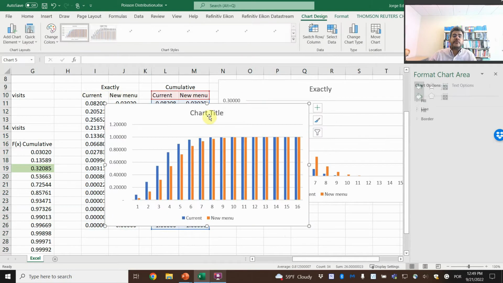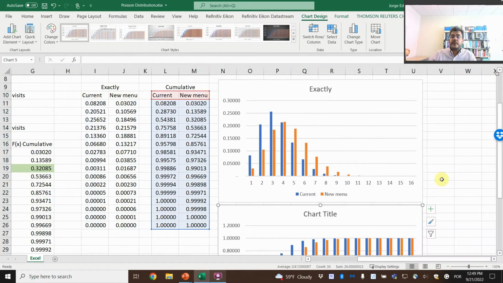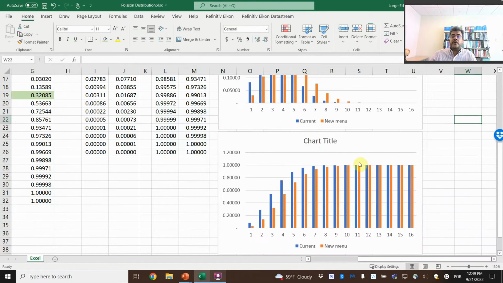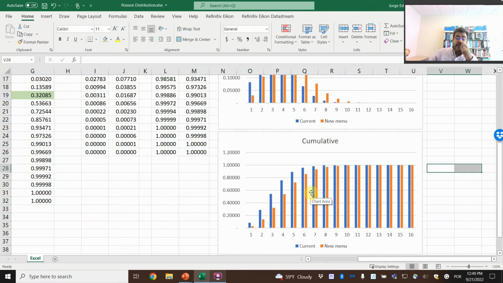Looking at the cumulatives, it takes more time for the new menu to go up, or the clients go more times to our restaurant.